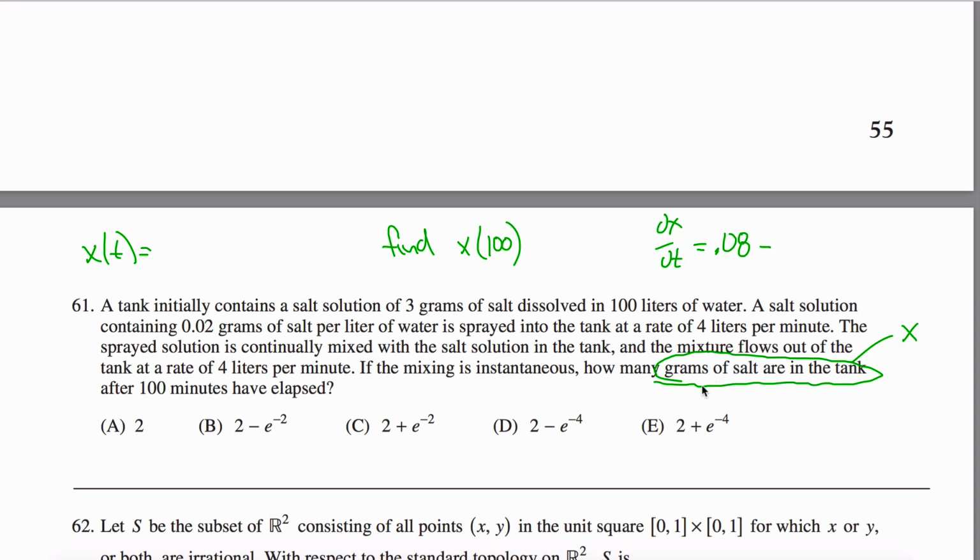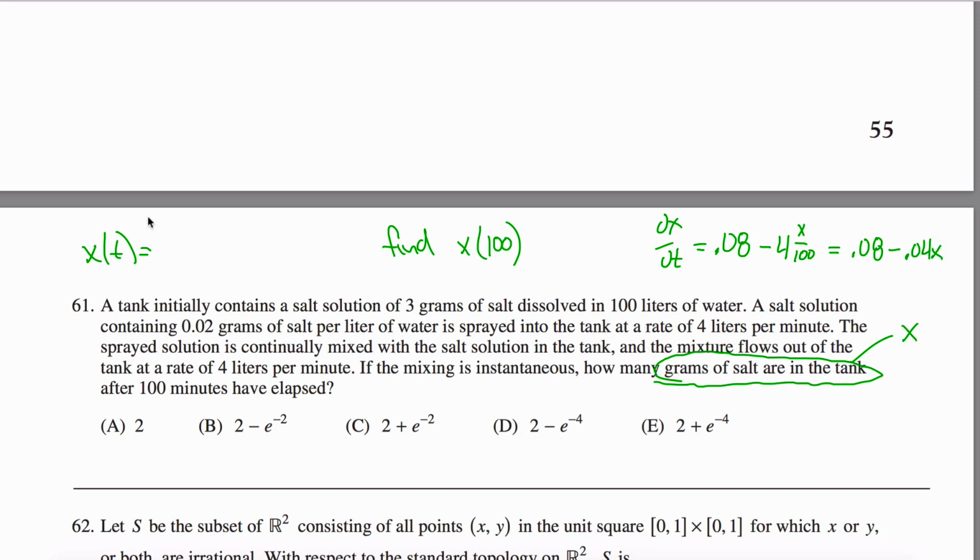But unfortunately, some salt is leaving too. If x represents the amount of salt in the tank at a given time, and the water is escaping at a rate of 4 liters per minute, then the amount that's going out is 4 times whatever the concentration is. And the concentration is x over 100, x being the amount of salt in 100 liters of water. So another way to write this is 0.08 minus 0.04x.